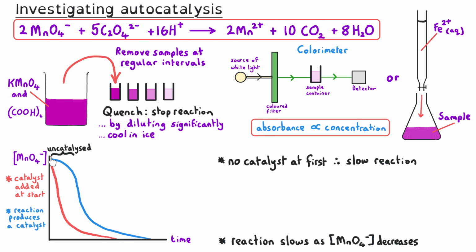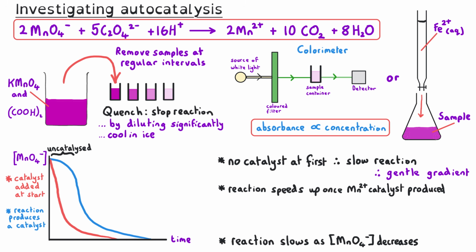At the beginning, in this region of the graph, we would have a very slow reaction because there was no catalyst present at the beginning, and so the gradient would be very gentle. But then the reaction will speed up once the manganese 2 plus catalyst has been produced by the reaction. And so the gradient of that slope will increase.